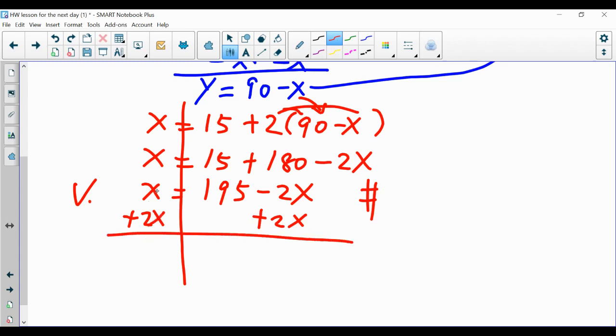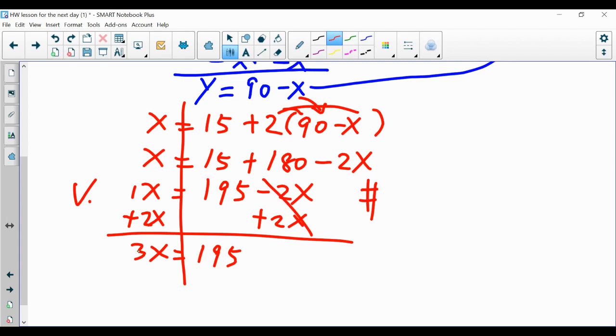On the left side, x plus 2x is 3x, because there's a hidden 1 there, equal to 195. Negative 2x plus 2x is 0, so it cancels out. Now we have 3x equal to 195.